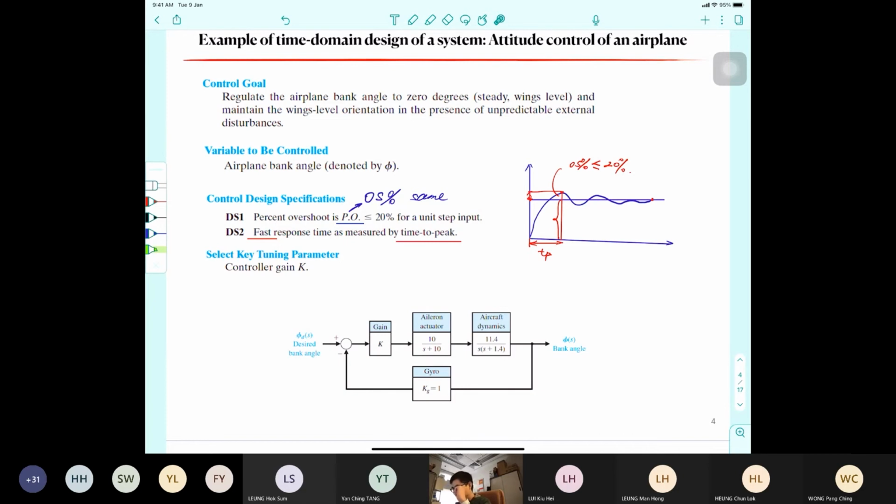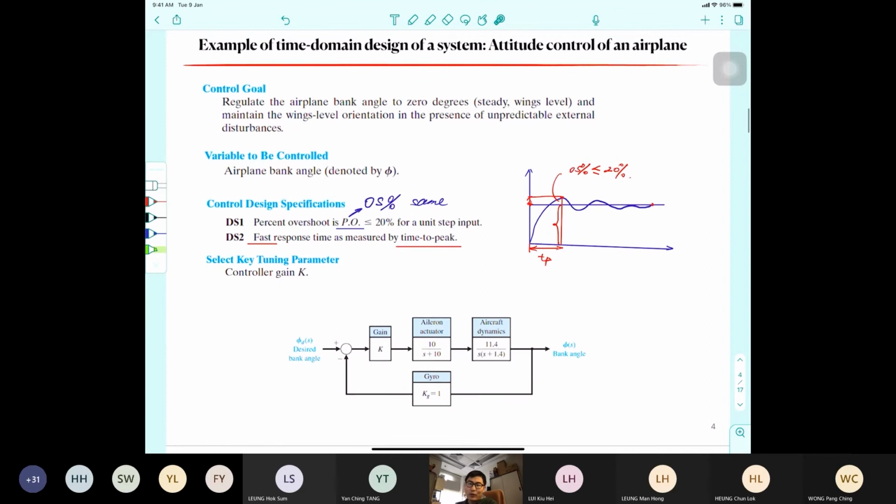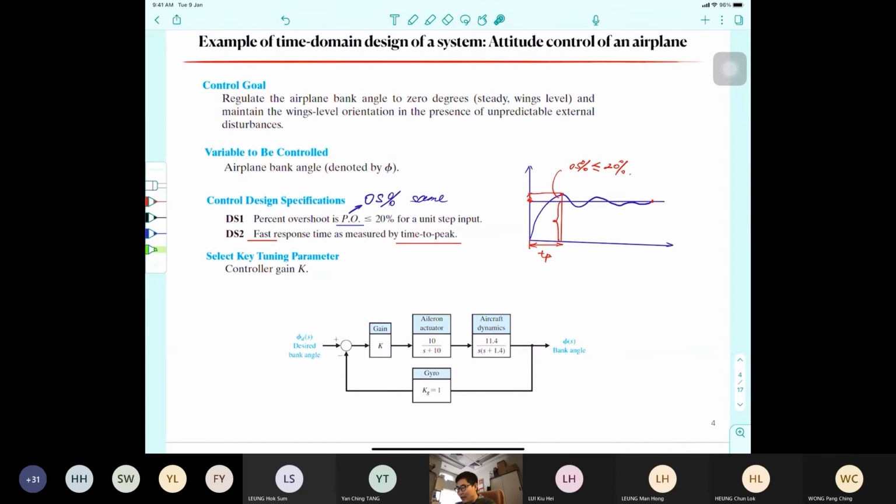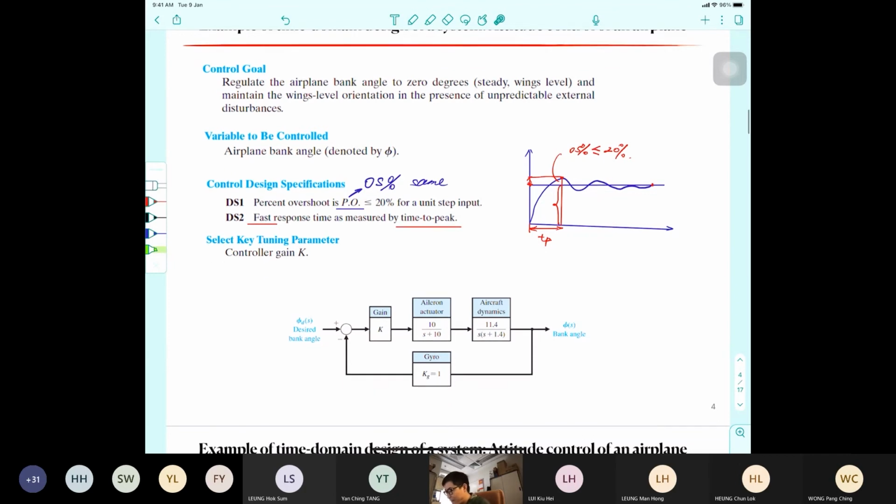So in Chinese we call it 陀螺仪. It can measure the bank angle. So kg is 1. That means if the bank angle is 3 degrees, then the feedback will be 3 degrees here to tell the phi d. It will be an electrical signal corresponding to 3 degrees.